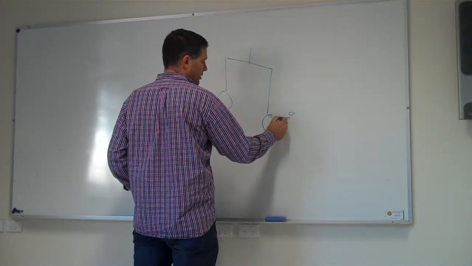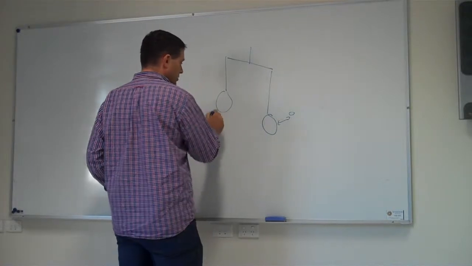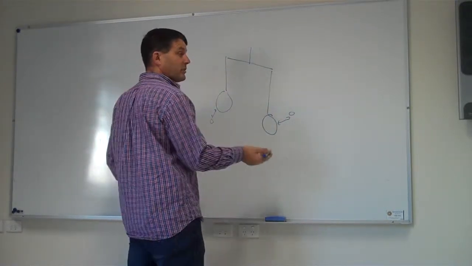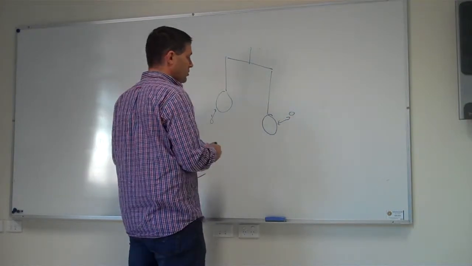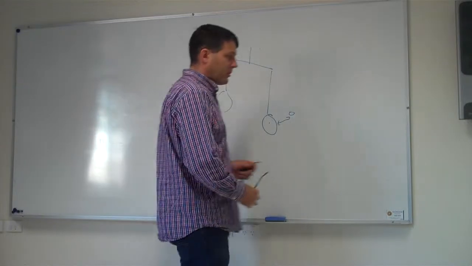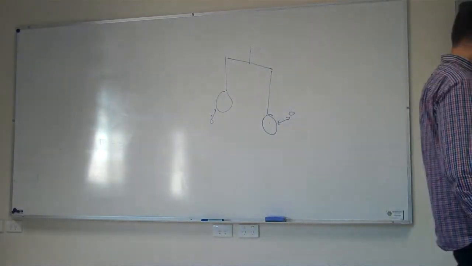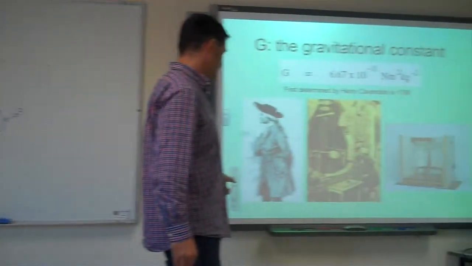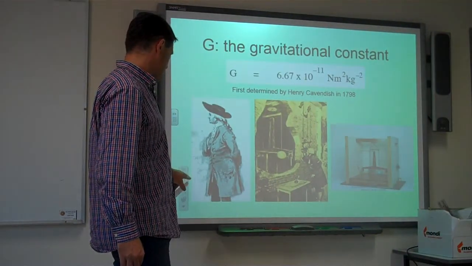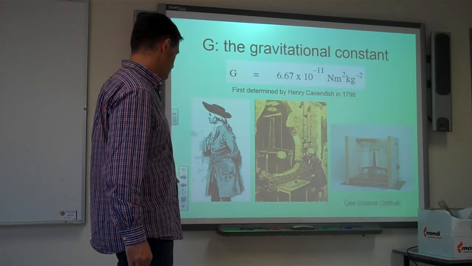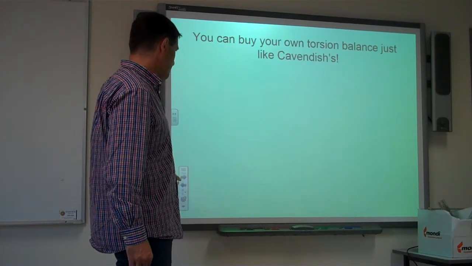The force of attraction due to gravity between those causes that to twist. By measuring the force causing that to twist and knowing the mass of these, he was able to come up with an estimate for the gravitational constant. He was a science oddball, right?